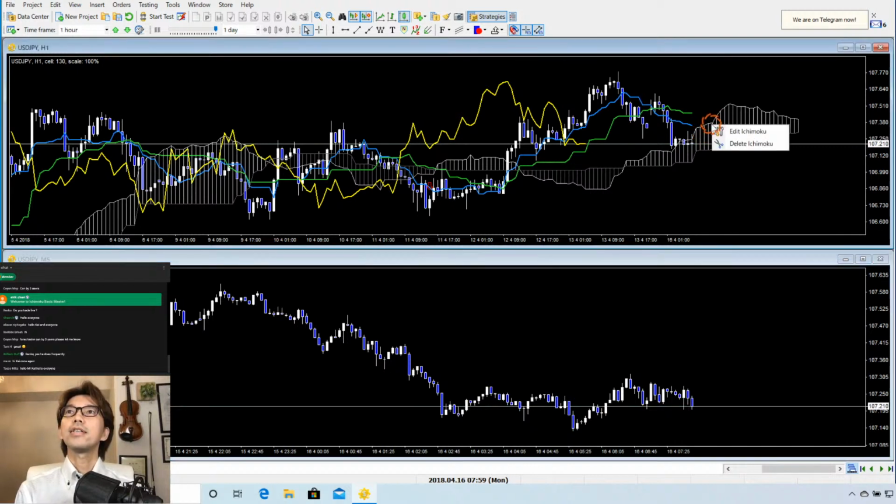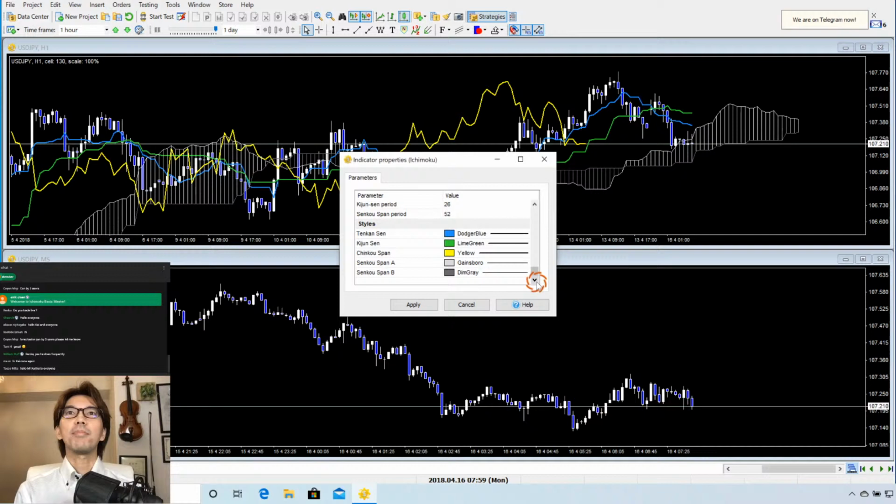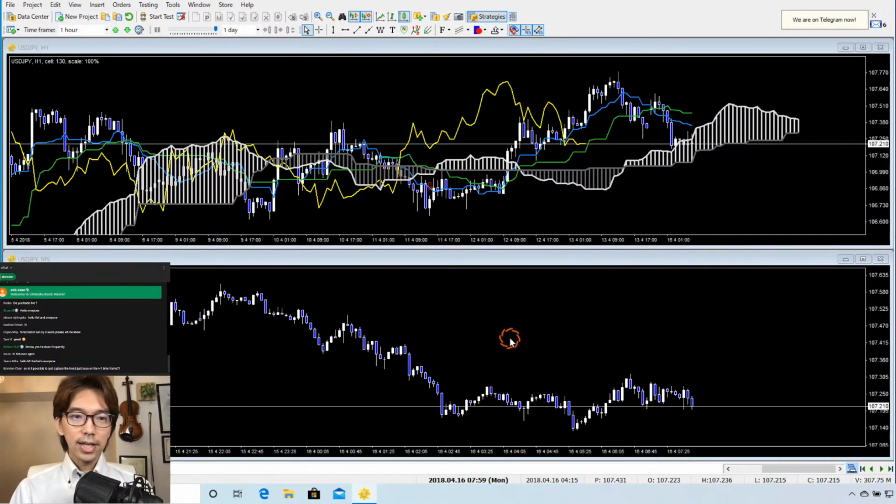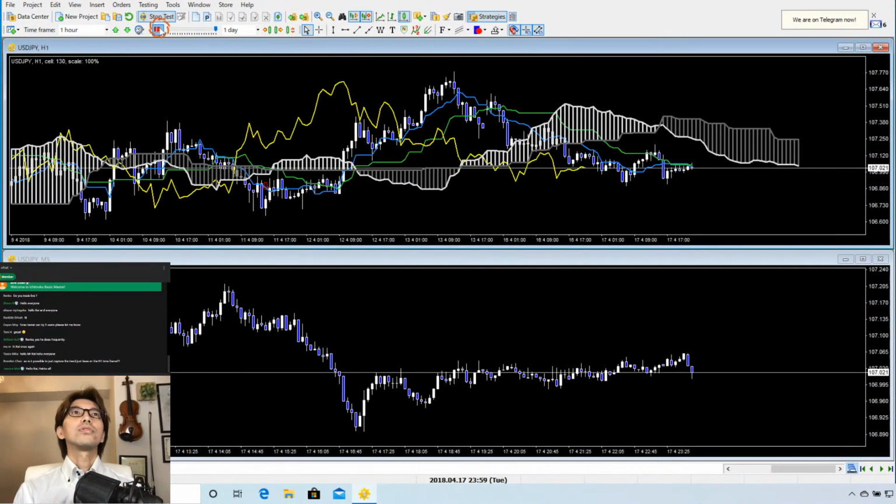Let me make this Kumo a little thicker so that it is easier for you to identify. There we go, I think you can see the Kumo more clearly now. So this is the USDJPY chart. Above is the 1 hour chart, and below is the 5 minute chart. And this is back in April 2018. So let's get started.